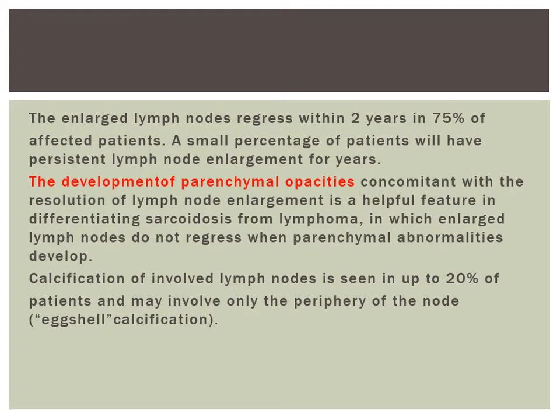The enlarged lymph nodes regress within 2 years in 75% of affected patients. A small percentage of patients will have persistent lymph node enlargement for years. The development of parenchymal opacities concomitant with the resolution of the lymph nodes is a helpful feature to differentiate lymphoma from sarcoidosis.